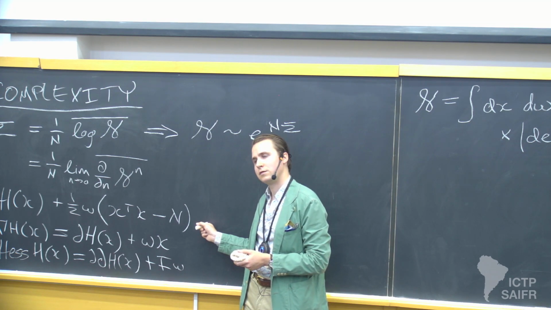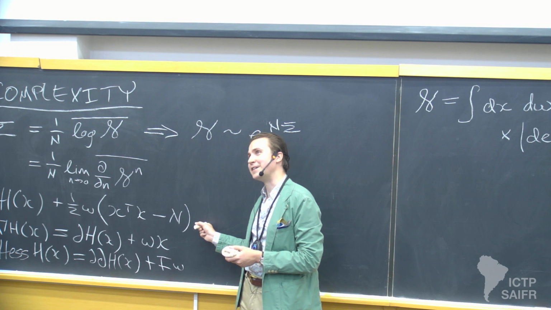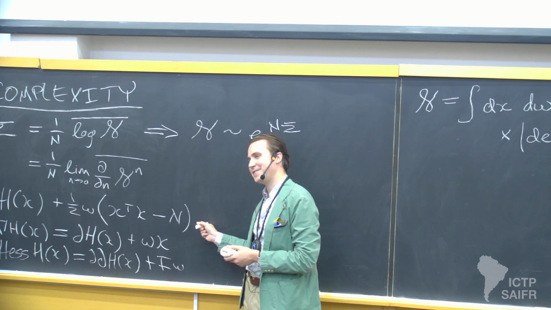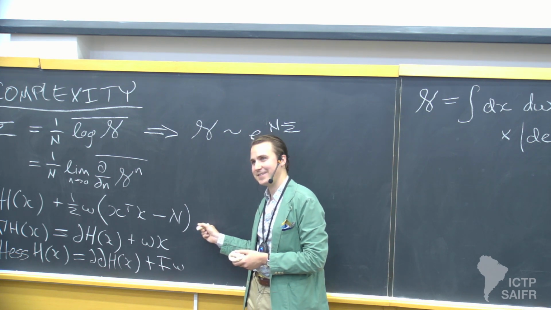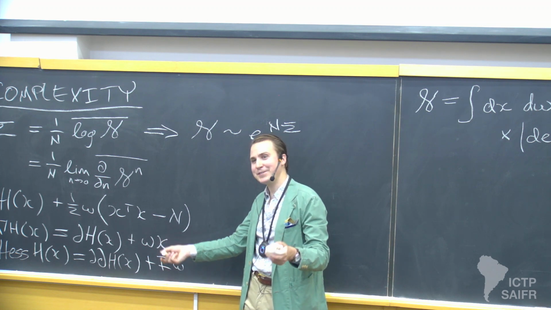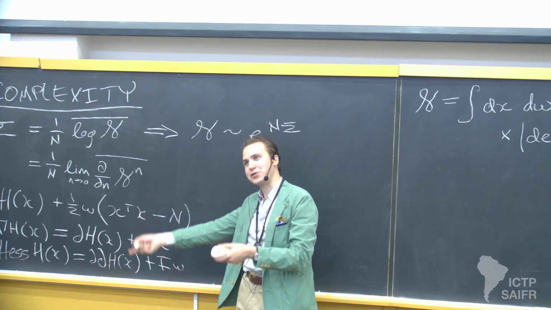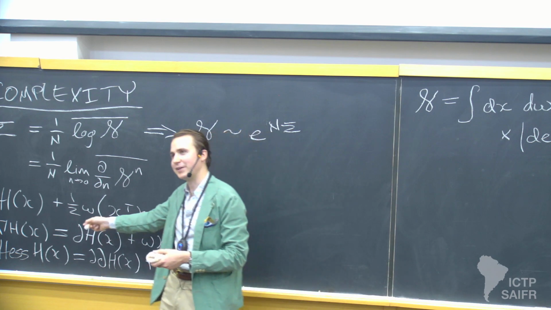So this is a Lagrangian now. So Lagrangian in the numerical optimization sense, not in the field theoretical sense, but if you know Lagrange multipliers, you write down a Lagrangian for your constrained optimization problem by adding a Lagrange multiplier.